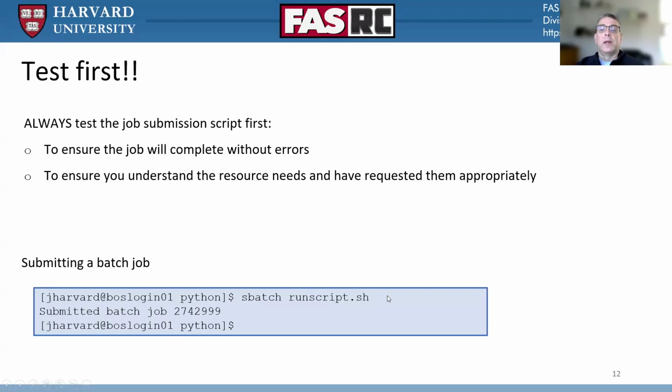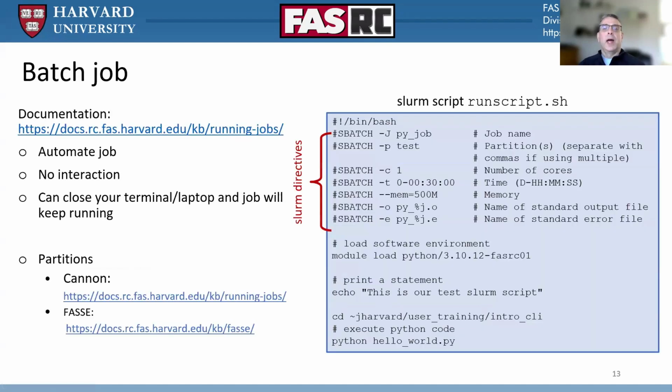Once you've done that testing, then you can put all of the commands that you've tested in the interactive into a script and run it with the sbatch. And that way, you don't need to worry about those dropouts that I mentioned while you're on interactive.